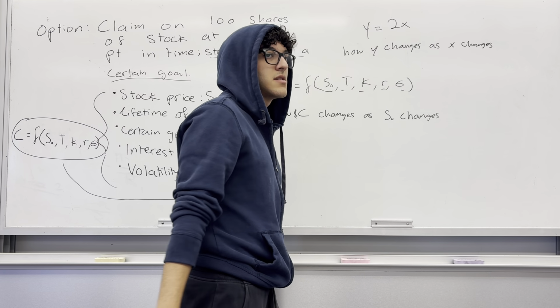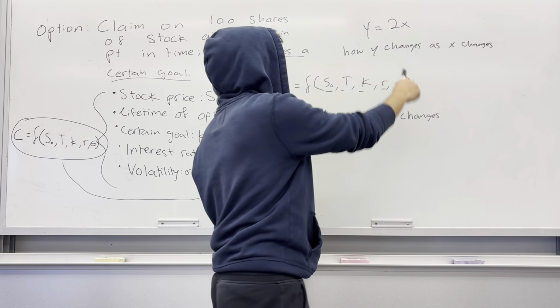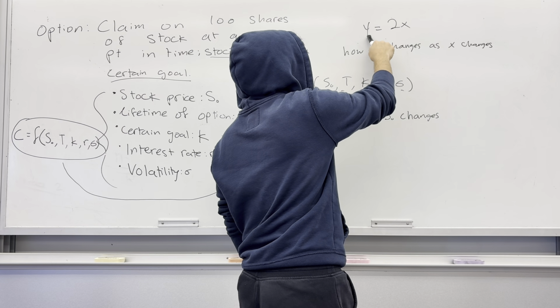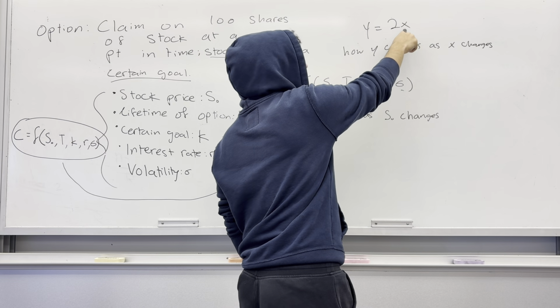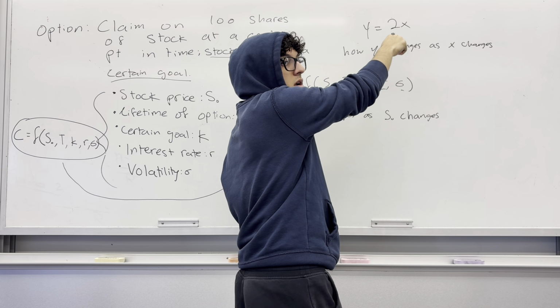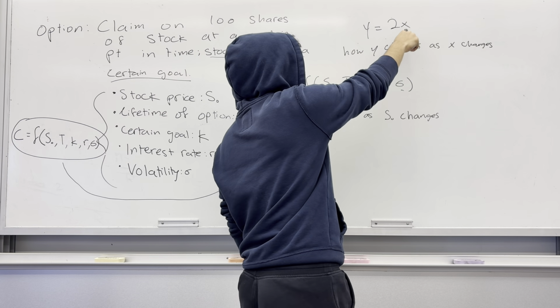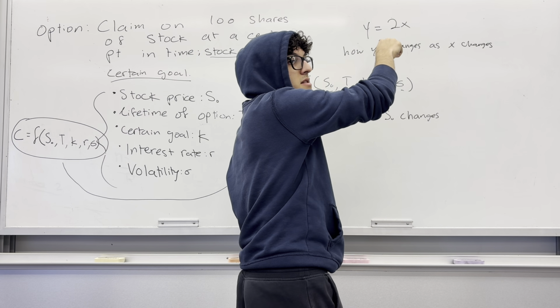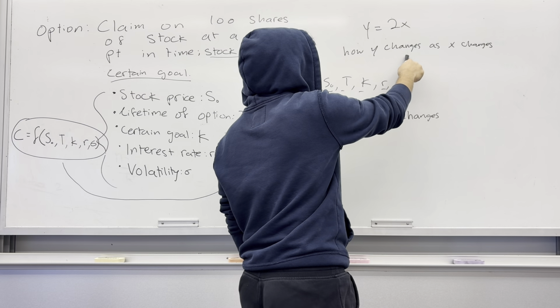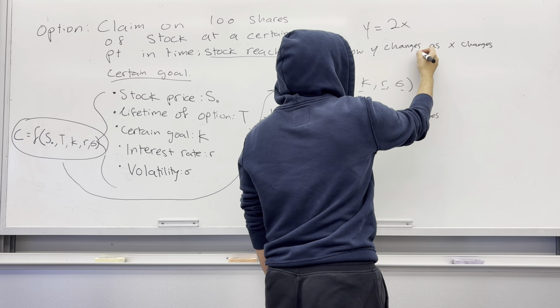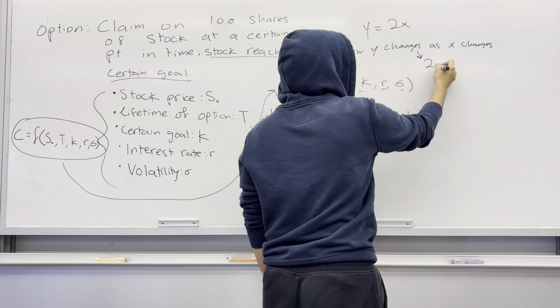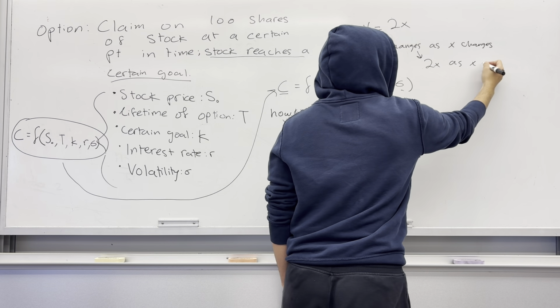what do you guys think that is? If x is 1, y is 2. If x is 2, y is 4. If x is 3, y is 6. So y changes by doubling as x changes.